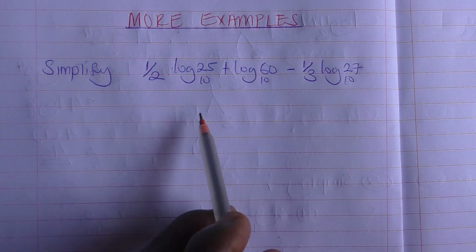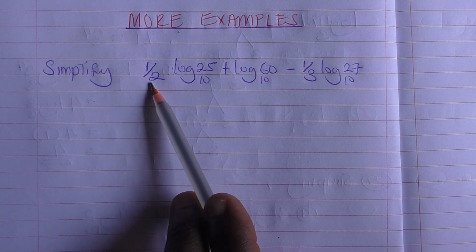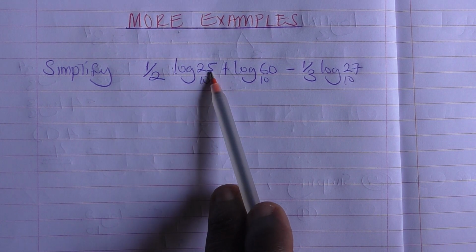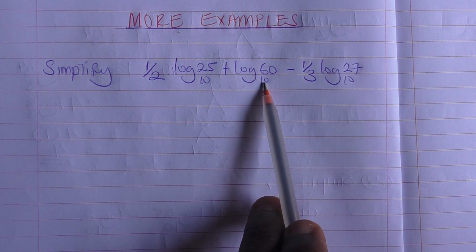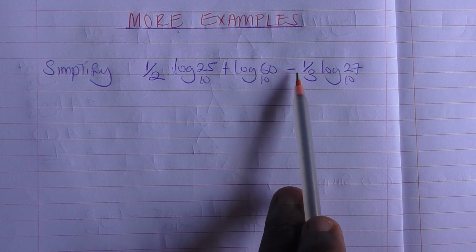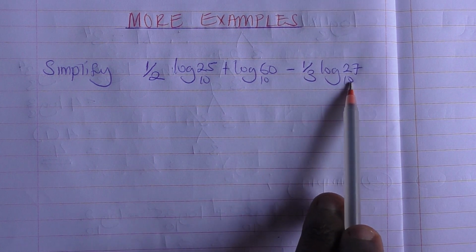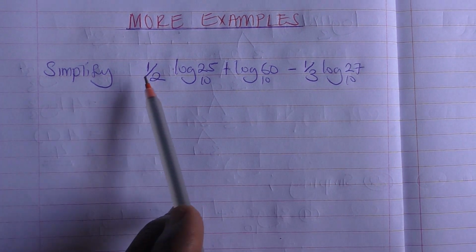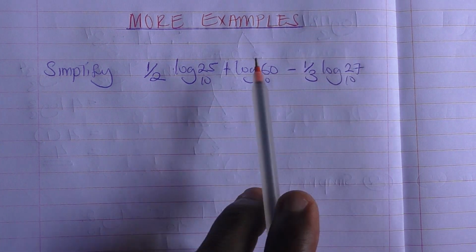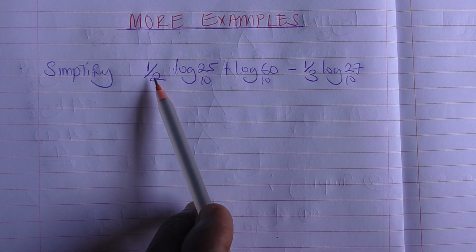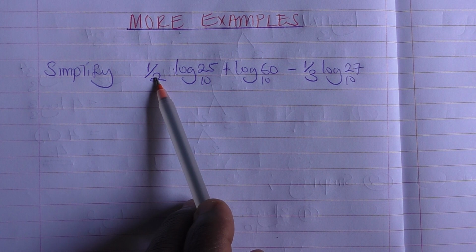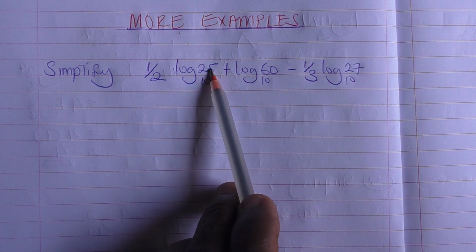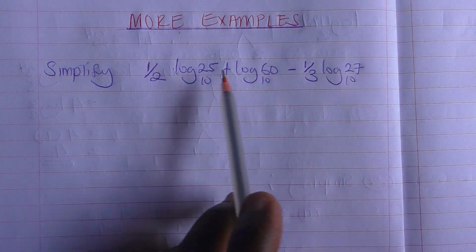Here is our question, which says simplify a half of log 10 power 25 plus log 10 power 60 minus a third of log 10 power 27. So we are having coefficients. The first step is we change the coefficients into powers of our powers, that is 25 and 27.